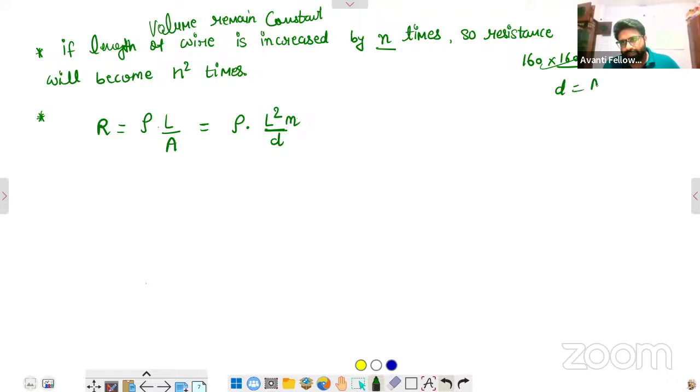Density is mass per unit volume, and volume is nothing but length into area. So you can replace this area by mass upon length into density, that is, m upon L d, where d is the density.